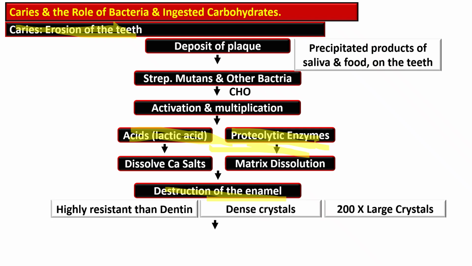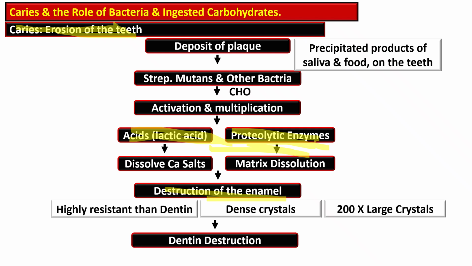Enamel is the primary protective barrier of the teeth and is highly resistant to acid due to dense crystals and large crystal size, approximately 200 times larger than the dentin crystals. The dentin is more soluble in acid. It decays rapidly once the enamel barrier is breached.